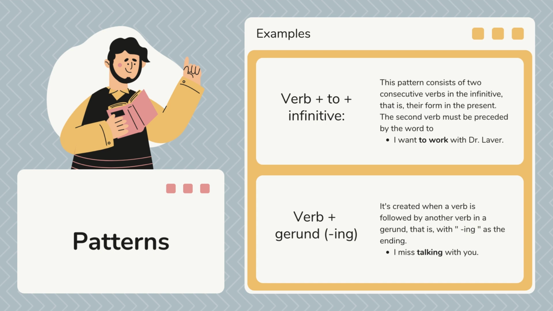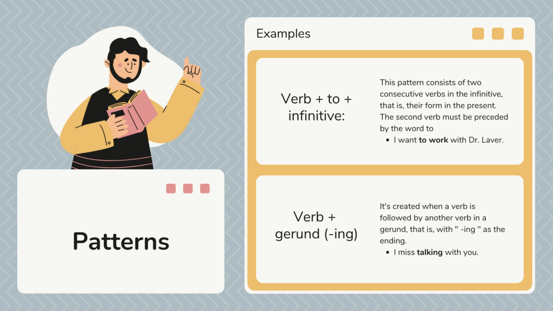In the other case, we have a verb and we have a gerund. If you remember, a gerund is just a verb that ends with ing. So this pattern is created when a verb is followed by another verb in a gerund, that is, with ing.